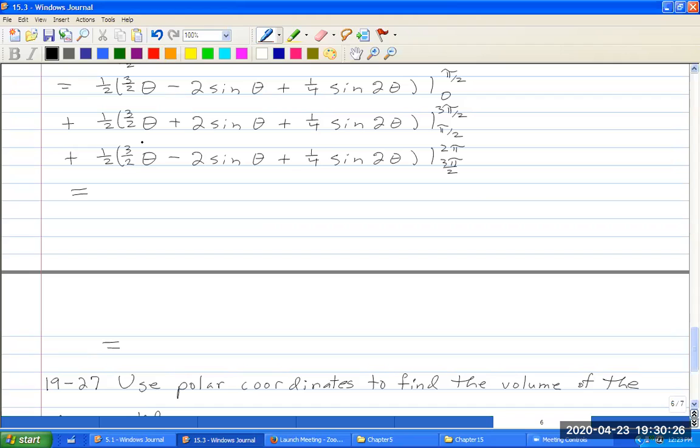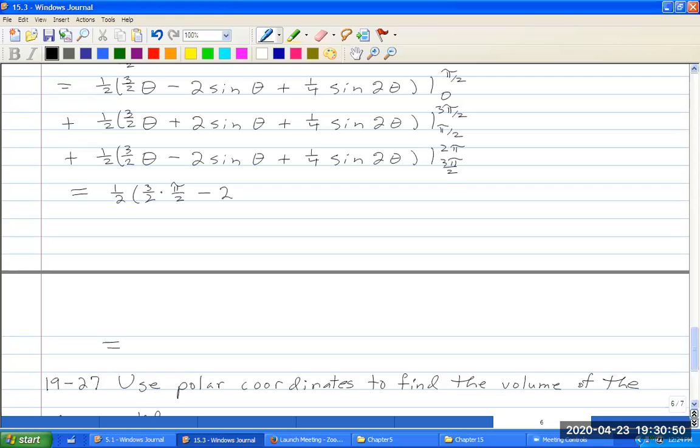Okay, sorry about that. This is pi over 2. I'm going to only do the first line. So that's 3 halves times pi over 2, minus 2 times sine of pi over 2, which is 1.